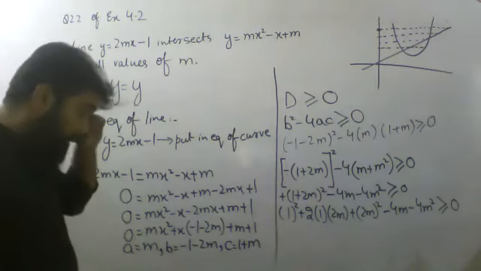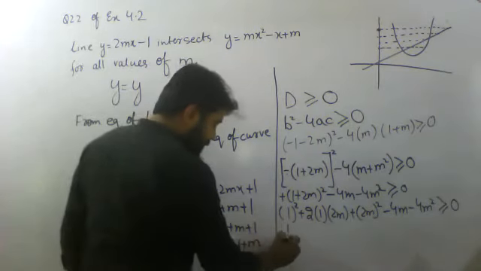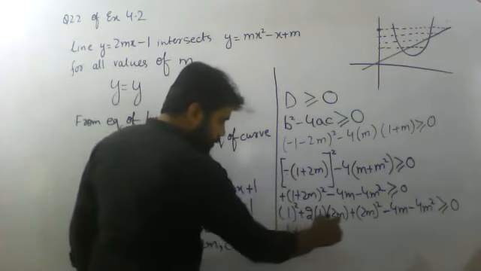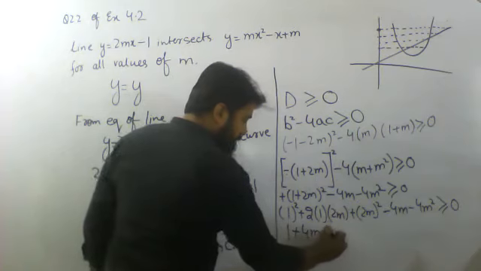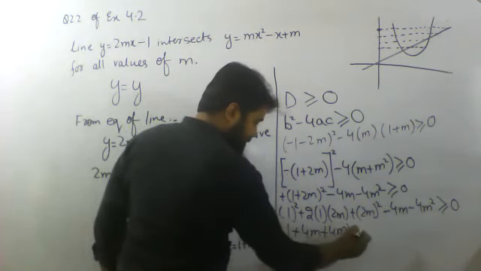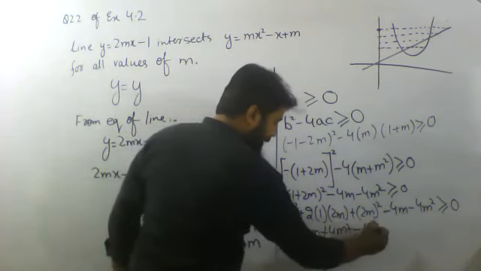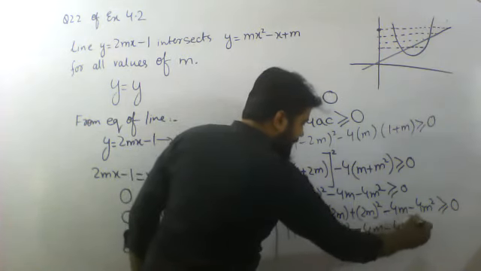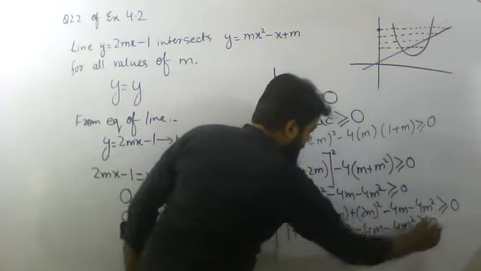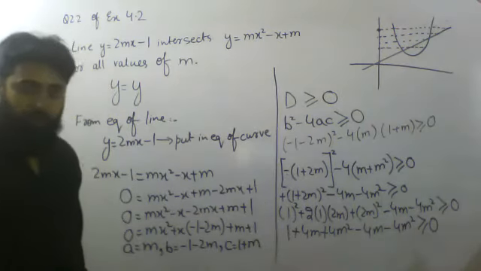Now, 1 plus 4m plus 4m square, minus 4m, minus 4m square, greater than or equal to 0.